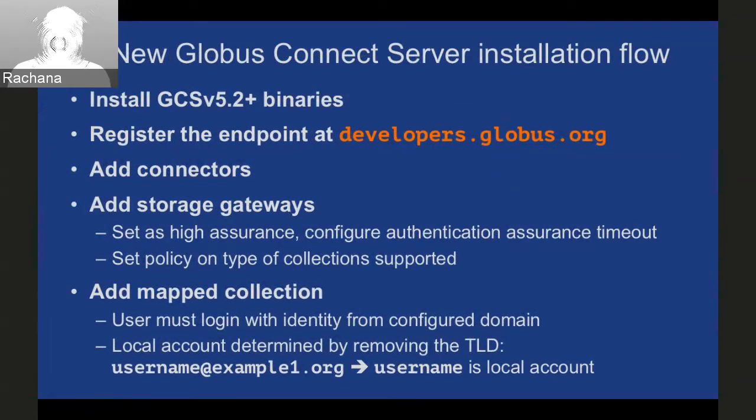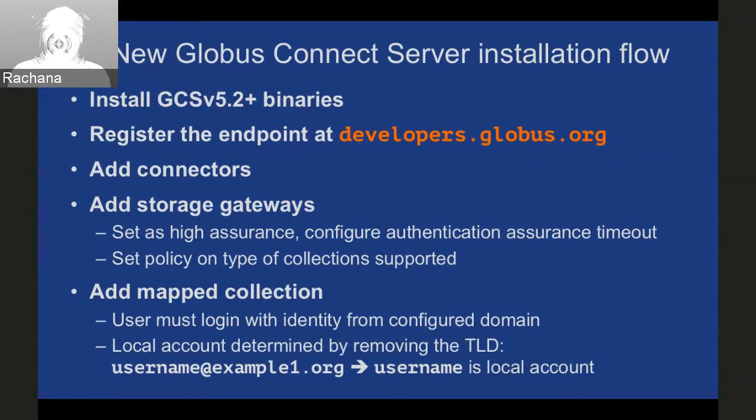So let's talk for a couple of minutes about what you have to do as an admin, right? So if you are setting this up on your campus, you have to install Globus Connect Server 5.2. And the installation flow looks a little different from version 4. So we still provide all the binaries. So you would do the same steps. You would download the binaries from Globus and install it on your DTNs.